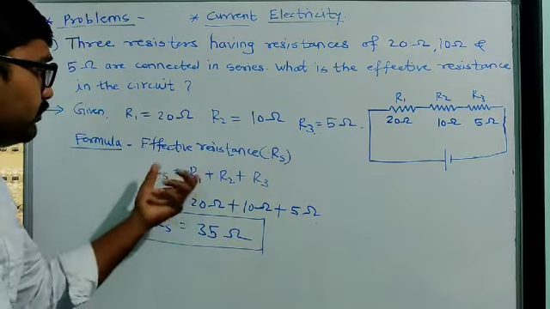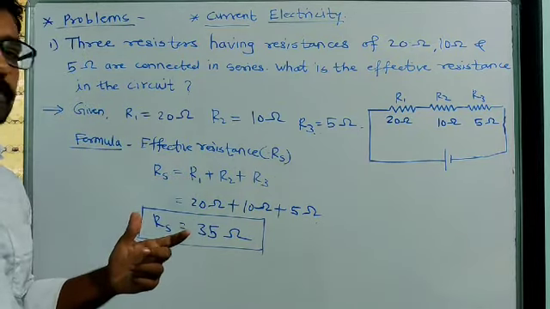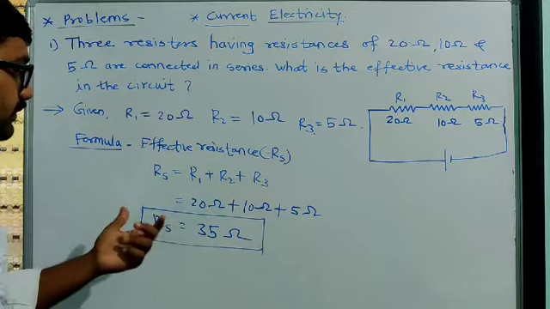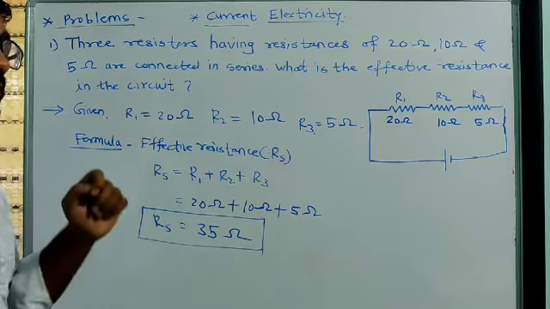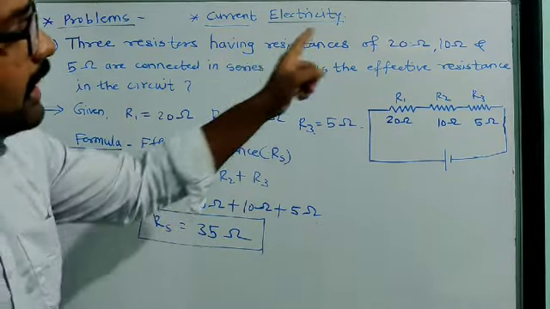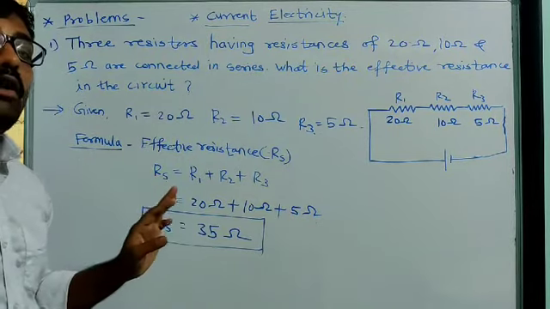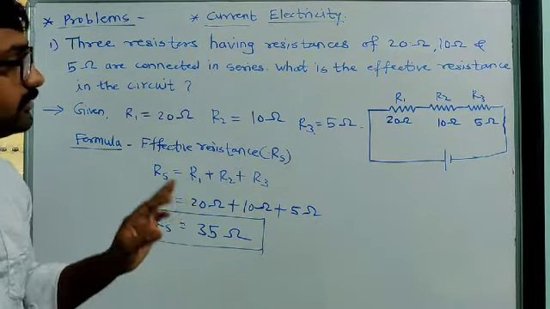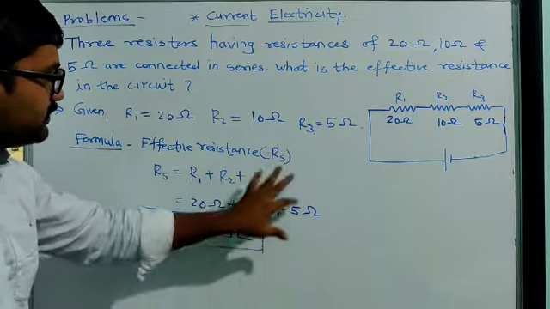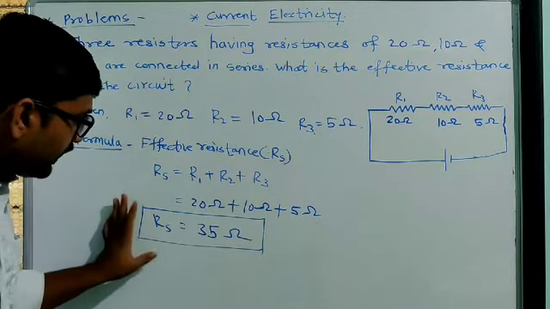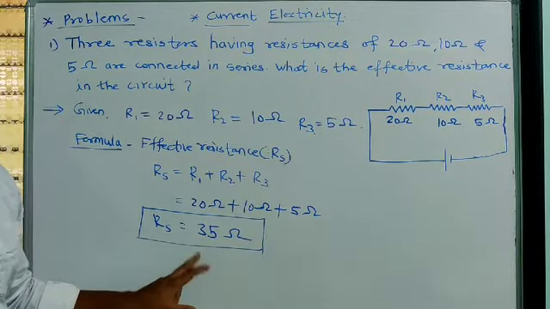So simply by using this formula, Rs is equal to R1 plus R2 plus R3, we get the answer. In a series connection, we have to remember to take the addition of the values of the resistors.